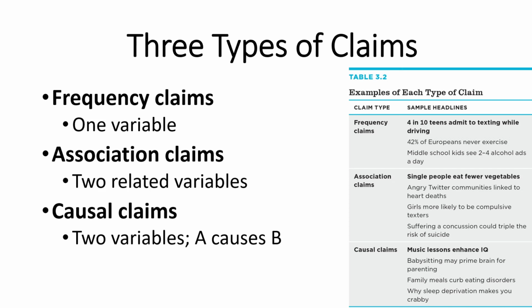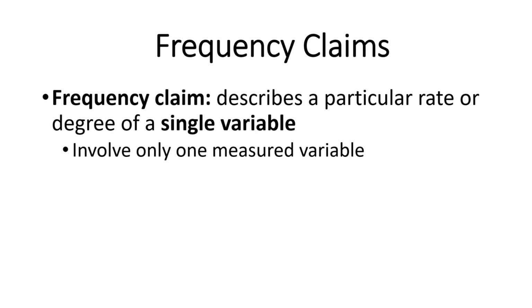And we're going to talk about these again in more detail now and throughout the rest of the course. But we're going to go into just a little bit more for each of these types of claims. So like we've said, a frequency claim describes a particular rate or degree of a single variable. And this is only one variable, and specifically, it's a measured variable.